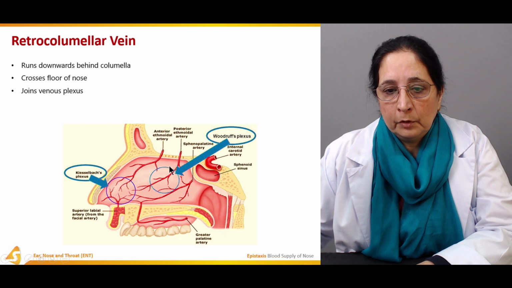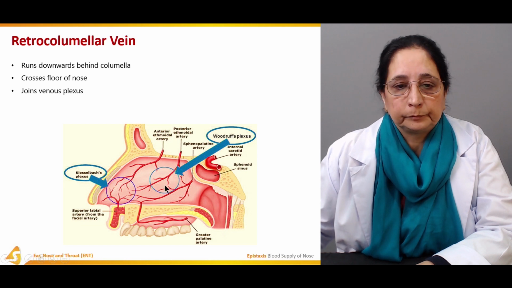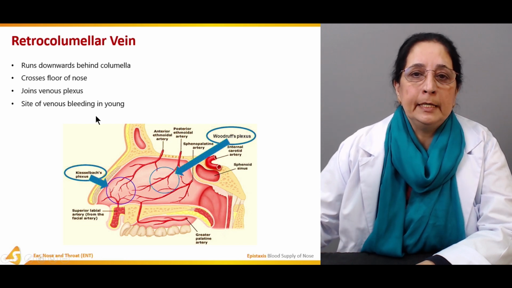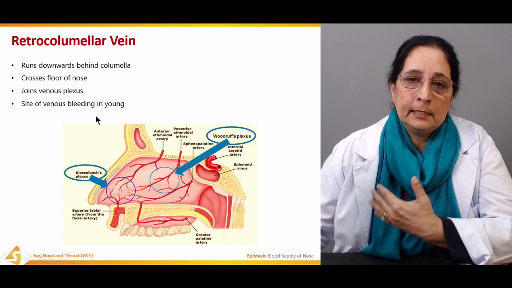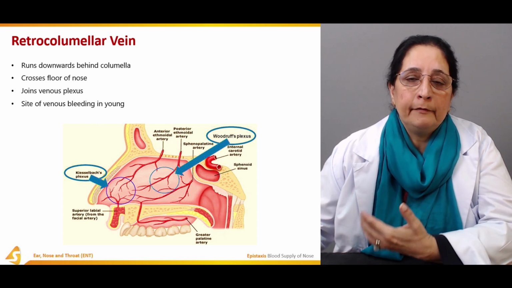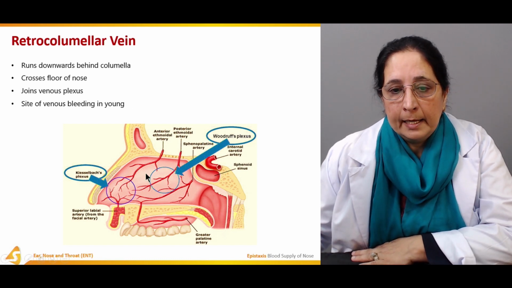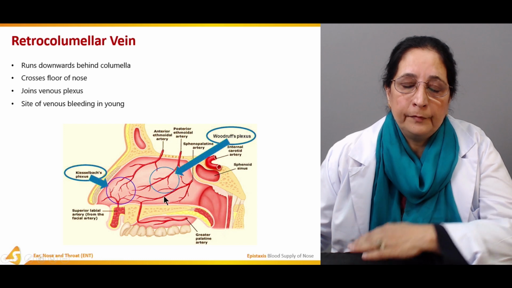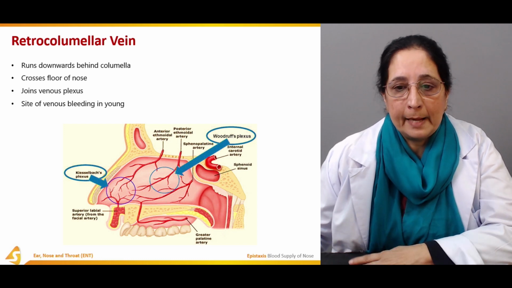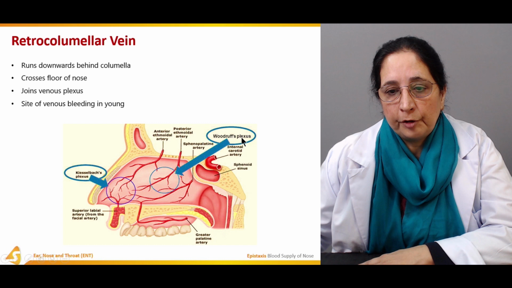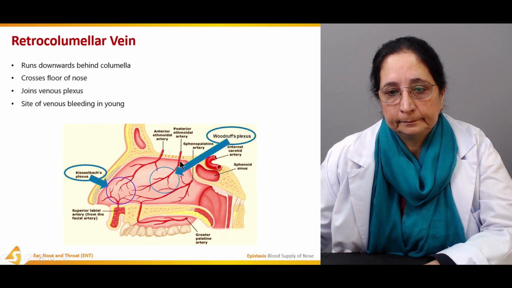So this Woodruff's plexus is the site of venous bleeding in young. So this retrocolumellar vein is the site of bleeding in young children, and it runs on the floor of the nose and combines with the plexus, which is this Woodruff's plexus here.